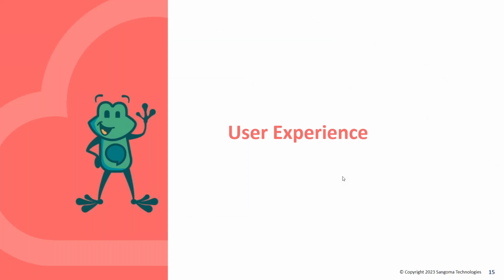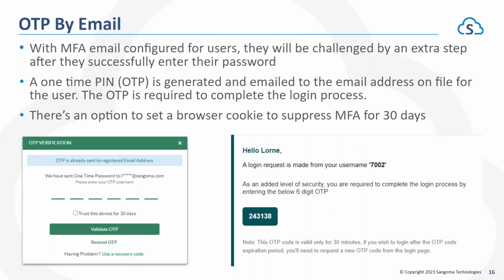So let's talk about what the user sees when they log into FreePBX for the first time after an administrator has enabled MFA for them. If you're using email challenges for MFA pins, the first time they log in, they will enter their username and password as they always do.